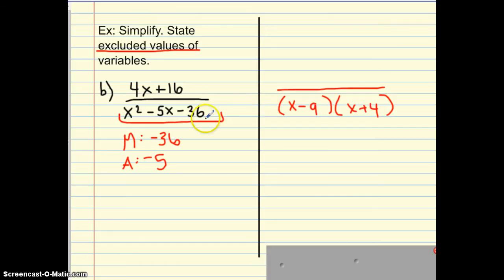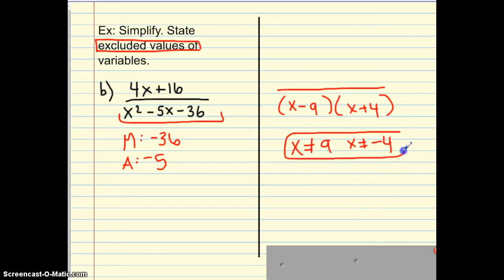And for our excluded values, then our x cannot be equal to 9, and our x cannot be equal to negative 4, because that would cause my denominator to be 0. So we've got our excluded values. Now we just need to factor.